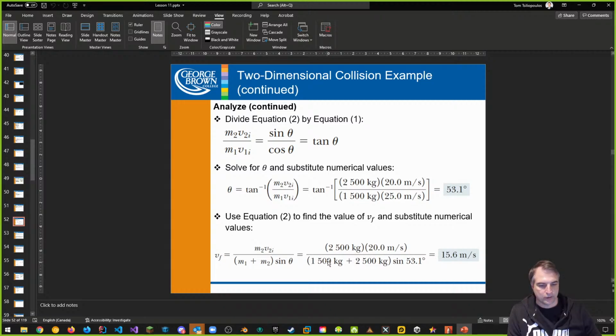And then over 1,500 kilograms plus 2,500 kilograms, we're adding the masses together, times the sine of the angle we got, 53.1 degrees, is equal to a velocity of 15.6 meters per second at an angle of 53.1 degrees, positive to the top right corner of the coordinate system. So that's how you would find it. Again, perfectly inelastic collision calculation, and the angle and the velocity can easily be calculated.